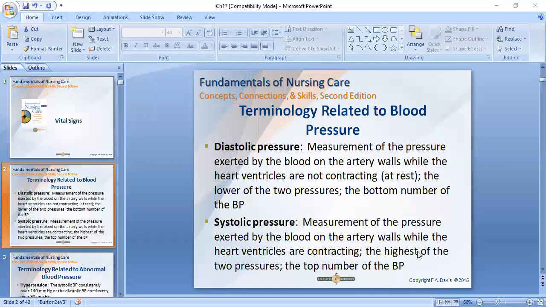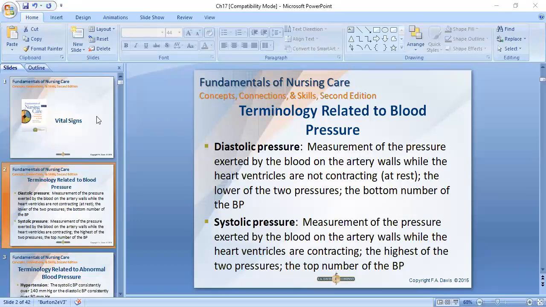The highest of the blood pressure, the top number. And diastolic blood pressure is the pressure exerted by the blood on the artery wall when the heart ventricles are not contracting, meaning the resting or relaxed phase. The lower of the two pressures, the bottom number, is the diastolic, right?